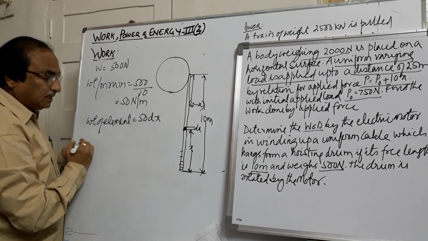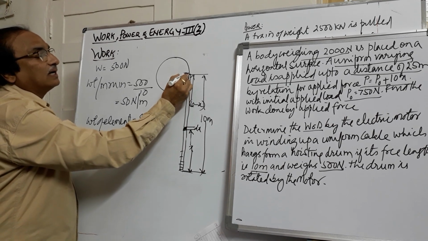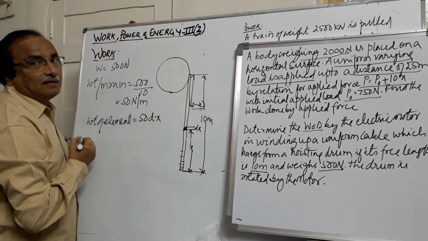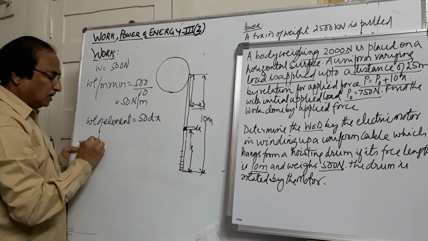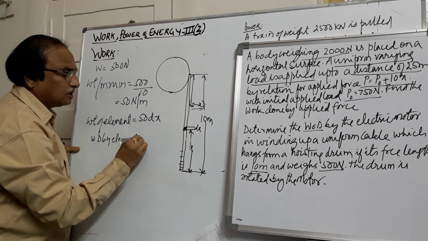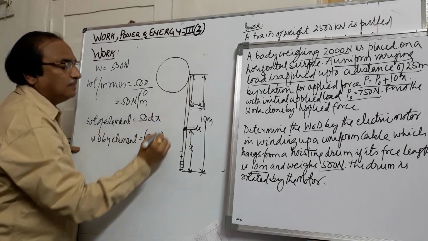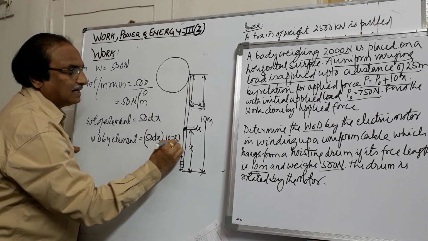Now this element will be raised from here to here, and the distance it is traveling is 10 minus x. So what will be the work done by the element? This will be equal to 50 into dx, which is the weight, and this is moving by a distance of 10 minus x.